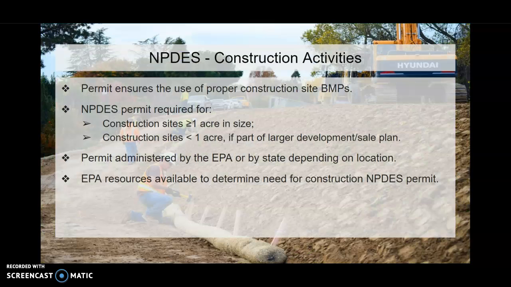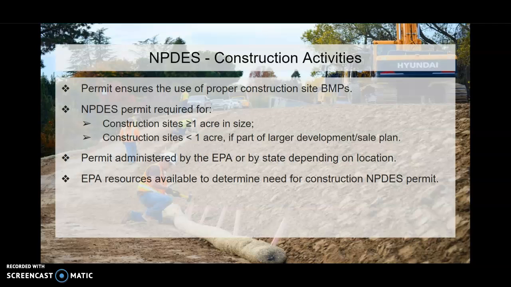So for the construction activities covered by NPDES, essentially that permit ensures that the proper stormwater BMPs, construction BMPs, are being used to reduce and mitigate any runoff from the site. And permits are required for construction sites greater than or equal to an acre in size, or if they're less than an acre in size but are part of a larger development plan, such as a housing community or something like that.